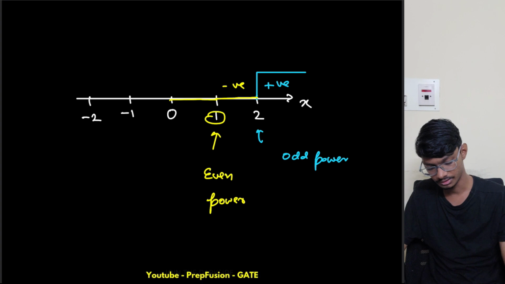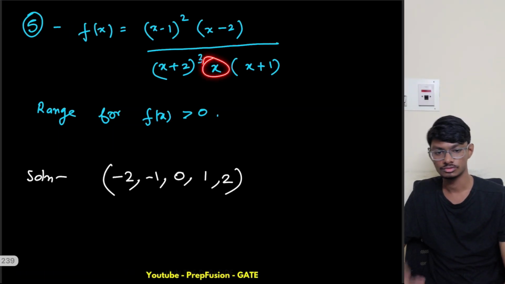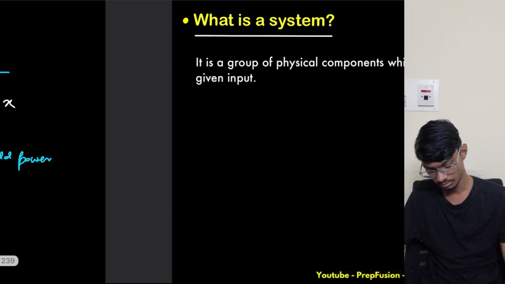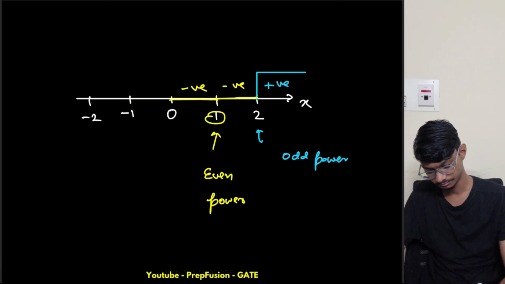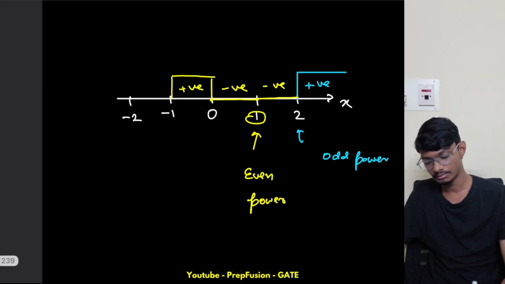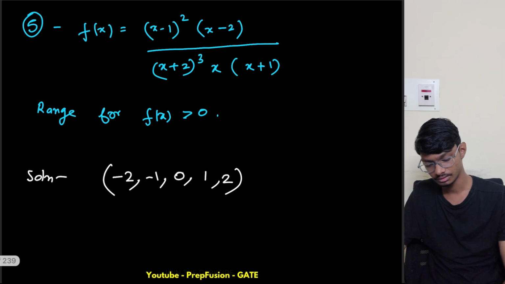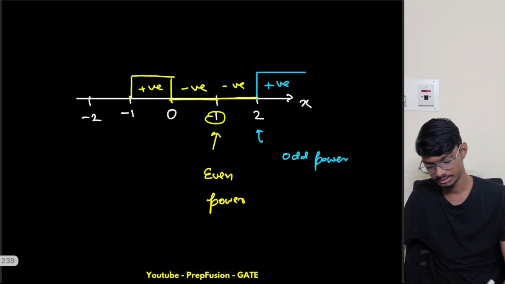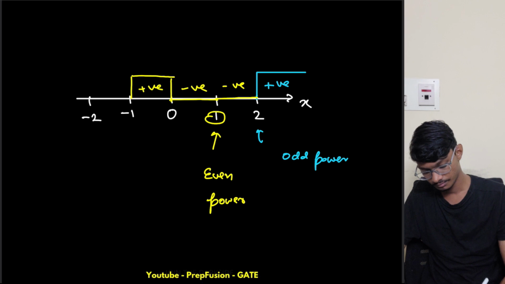It will still remain negative. At 0 we have only odd power, so the sign will change this time. At -1 we have odd power, so the sign will again change. Okay, let me draw this with a different color actually.